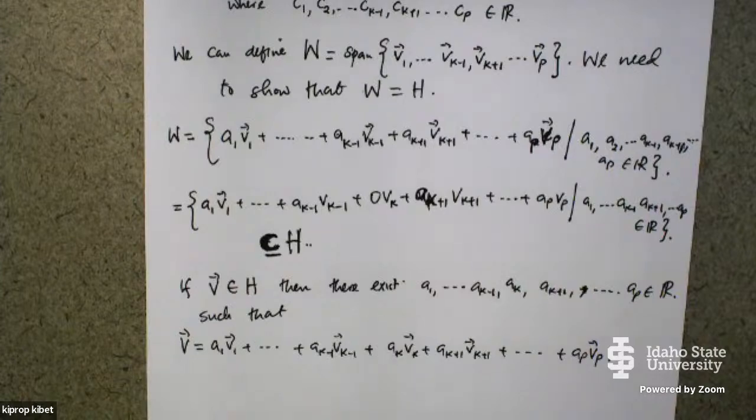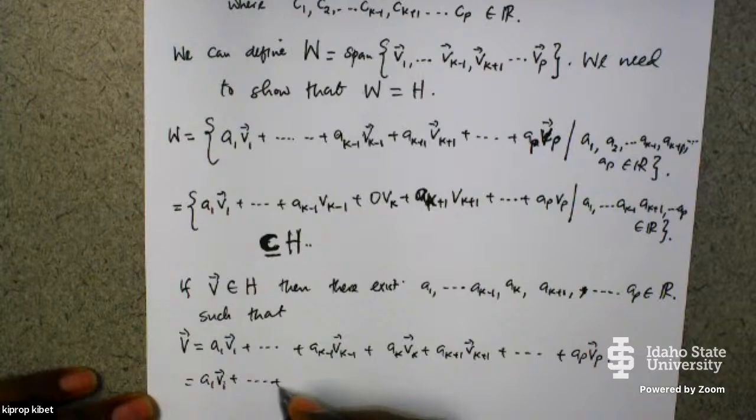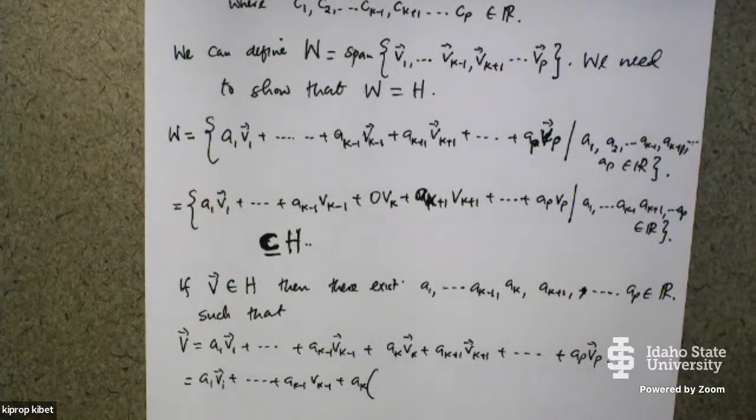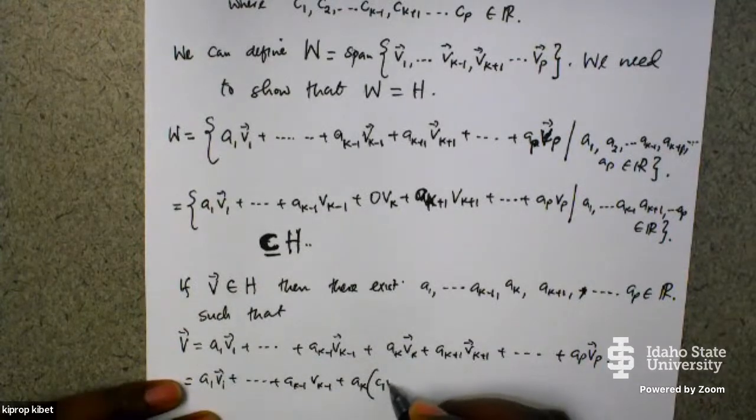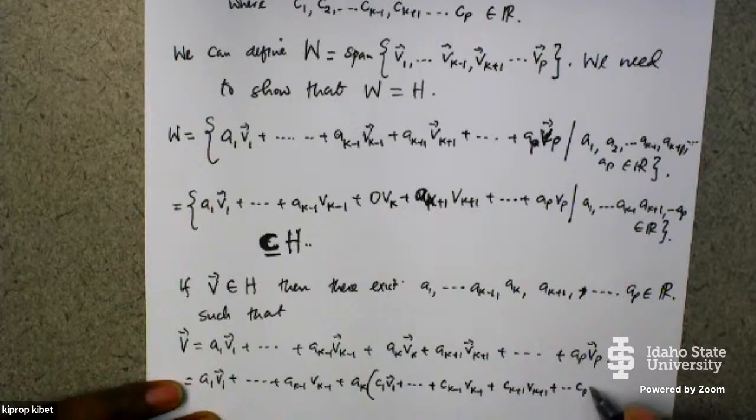Now we say that VK is a linear combination of the vectors in S, so VK is equal to C1 V1 plus ... CK minus 1 VK minus 1 plus CK plus 1 VK plus 1 plus ... CP VP.